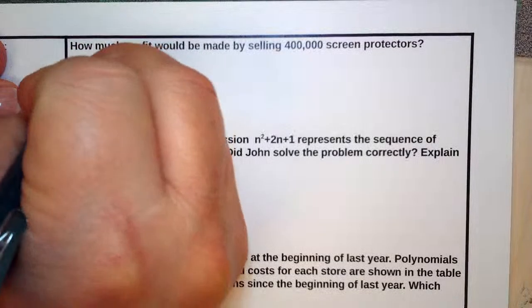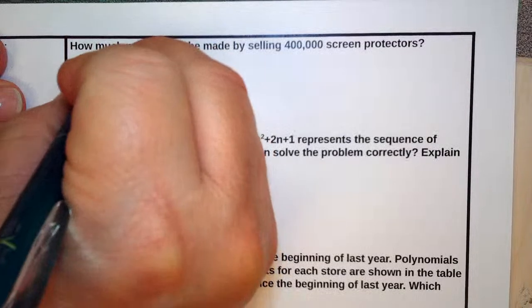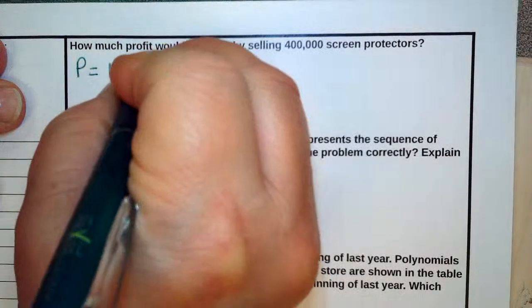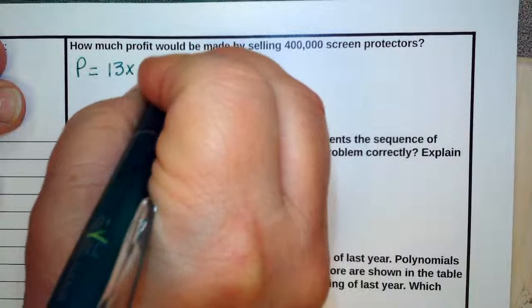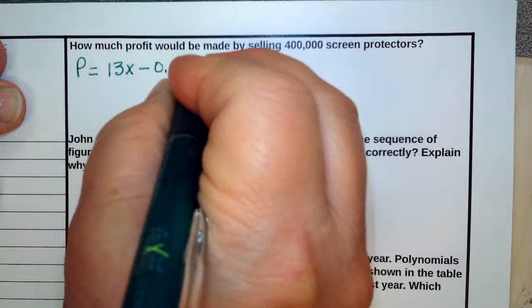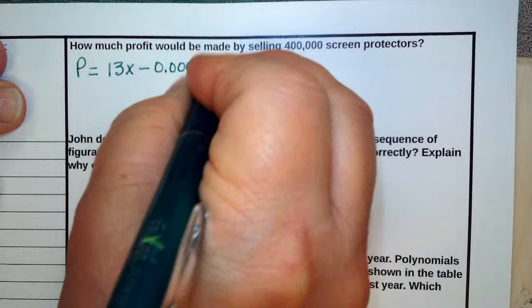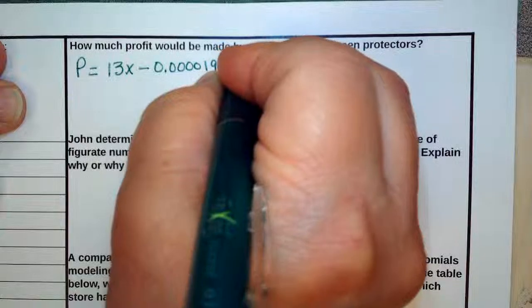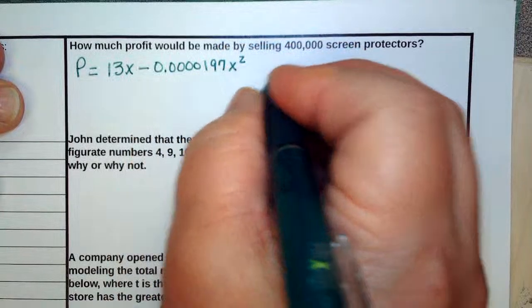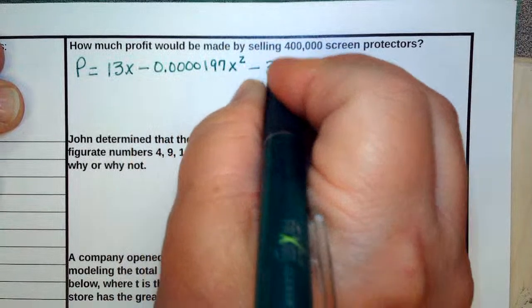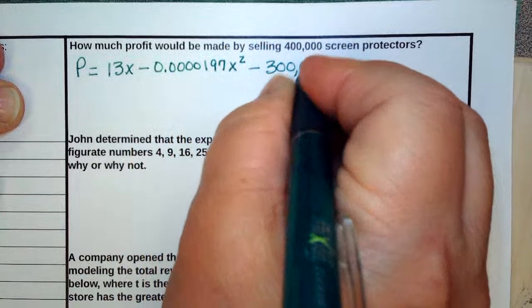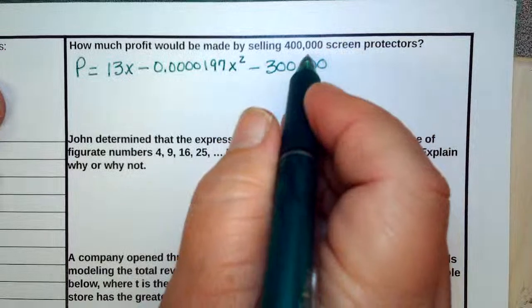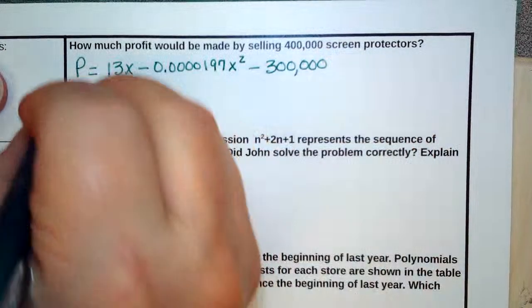Our profit is equal to 13x minus 0.0234197x squared minus 300,000. I'm going to substitute in 400,000.